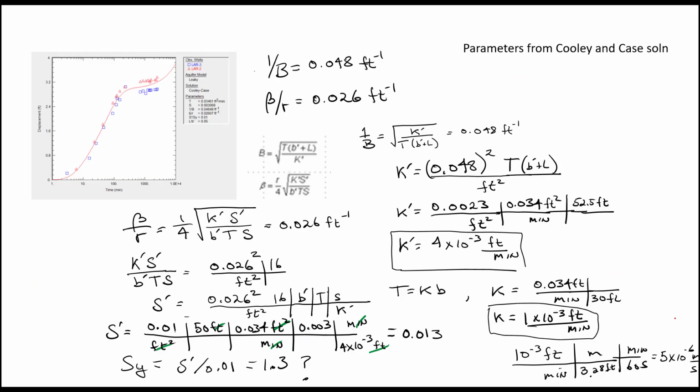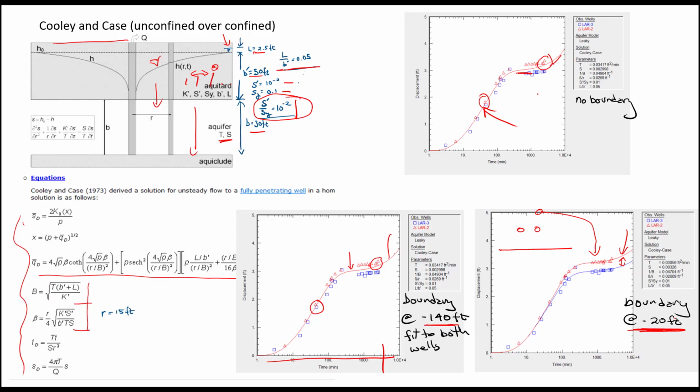So one aspect of the Cooley case analysis that's a little bit different than some of the ones that we saw earlier is that one of the consequences of it being a little more geometrically complex, it includes both the aquifer and this confining unit, and we get these additional terms. And so what Cooley case did is group the terms together into these quantities B and beta. And these are groupings that they solve for.